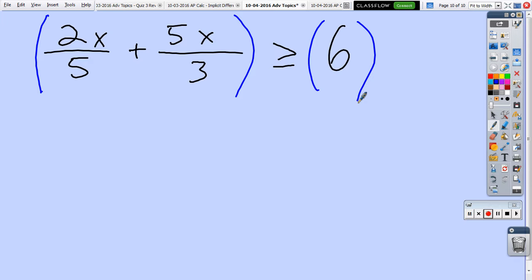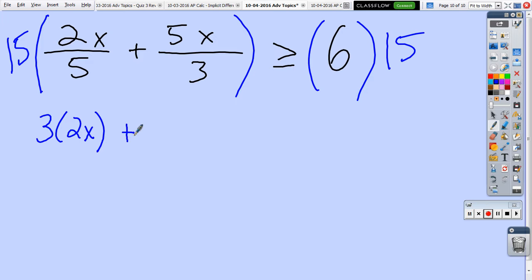You're trying to simplify so you get a one on the bottom. So when you do this, 15 divided by 5 is 3. So I have 3 times 2x plus 15 divided by 3 is 5. So I have 5 times 5x is greater than or equal to 6 times 15, which is 90.